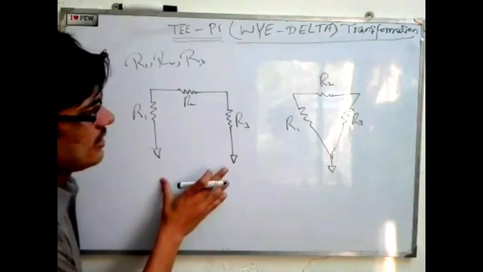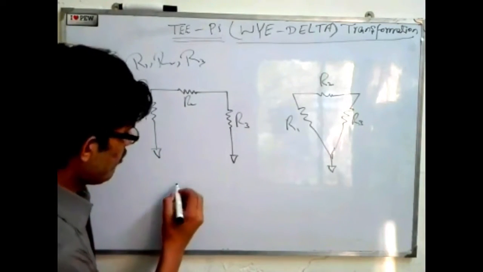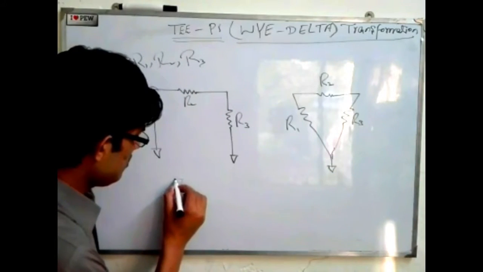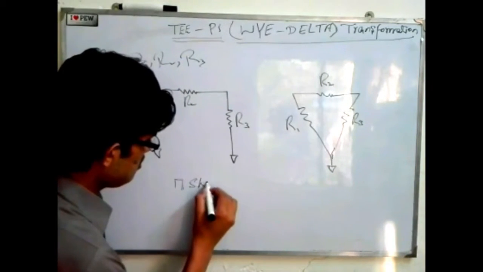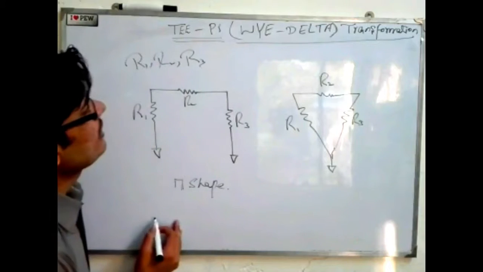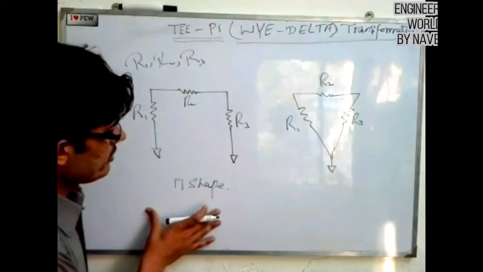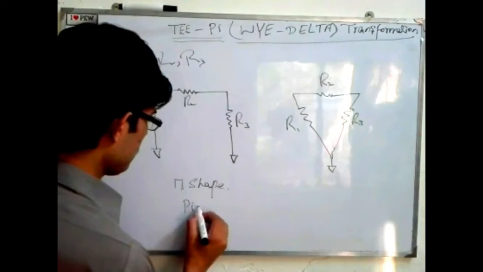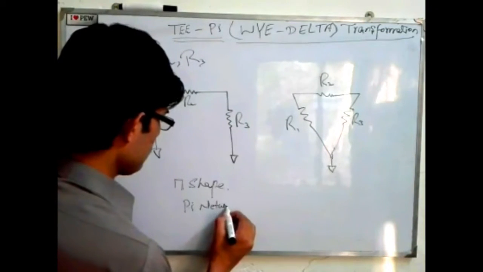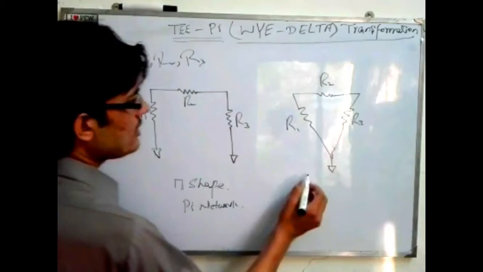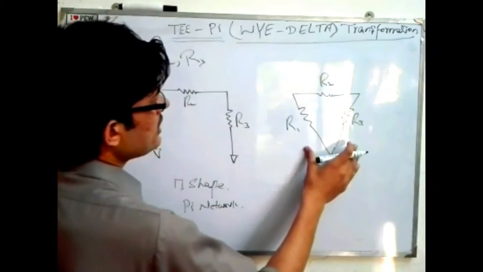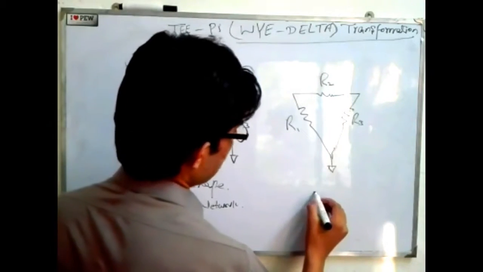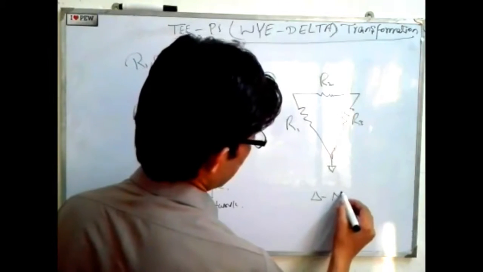As this circuit is in the form of pi shape, that's why this network is called pi network. While this network of resistance is in the form of delta shape, that's why this is called delta network.